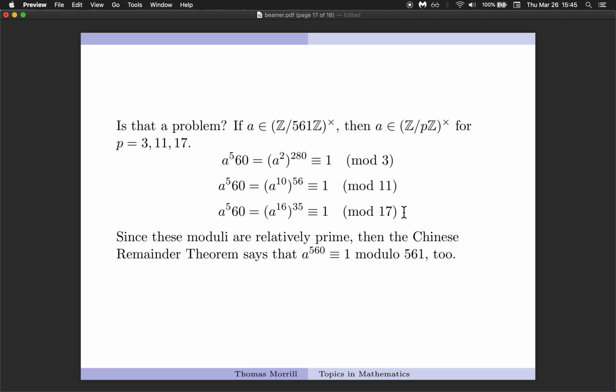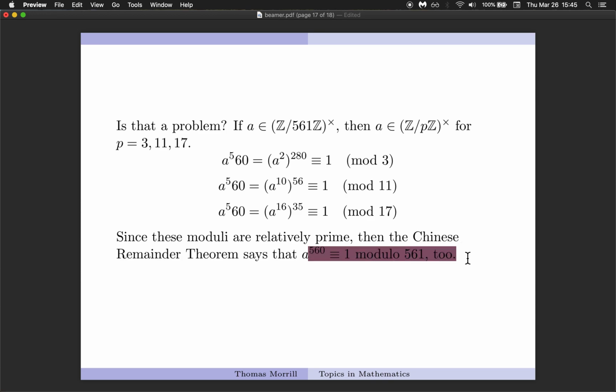I can find a solution that solves all 3 of these congruences, and that solution is going to be a residue mod 561. So I can glue all 3 of these congruences back together and say A to the power 560 is 1 modulo 561.